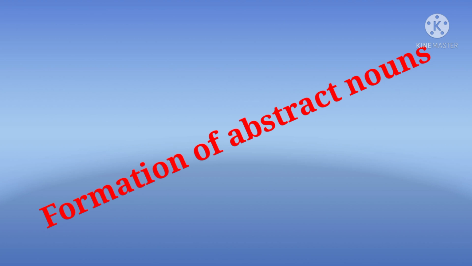We can form abstract nouns from other words. We will see how to form abstract nouns from other words. Examples are given there in your textbook, by adding some suffixes, also by removing some part.